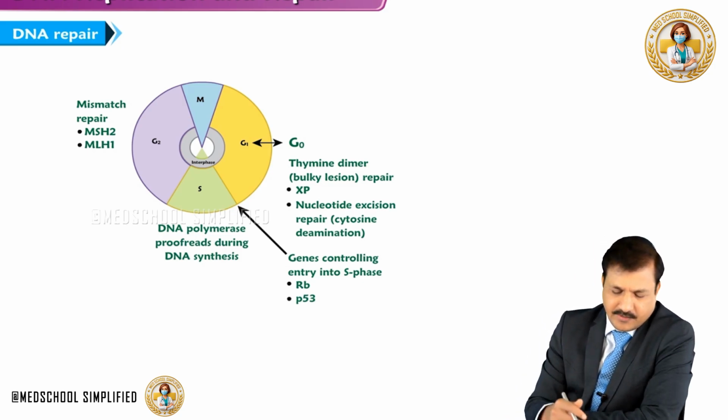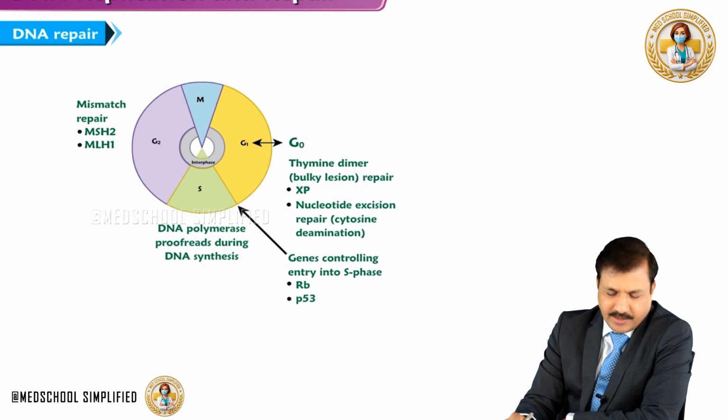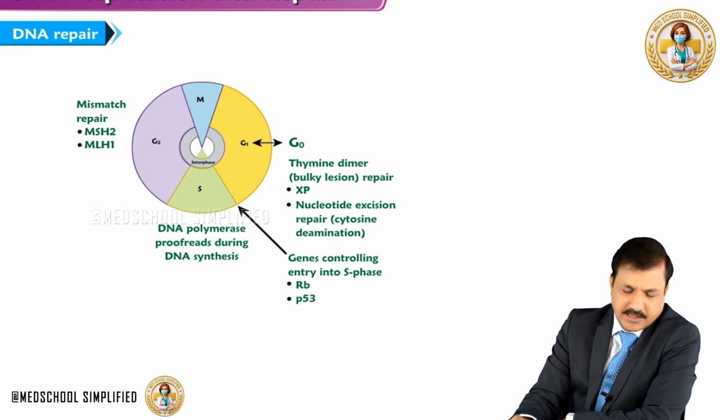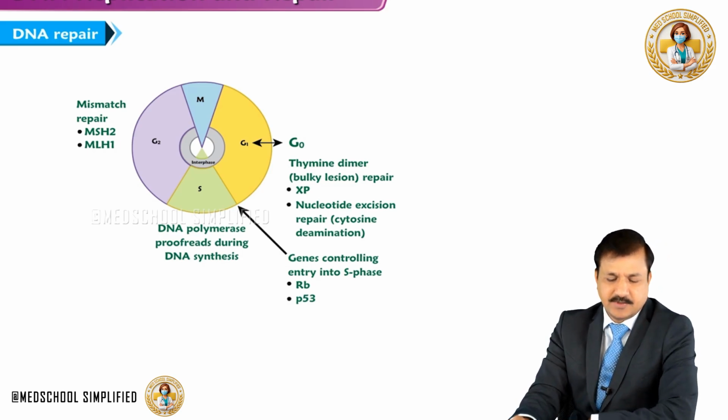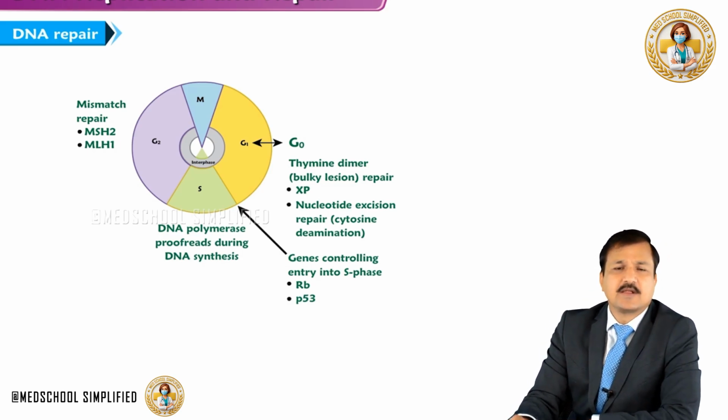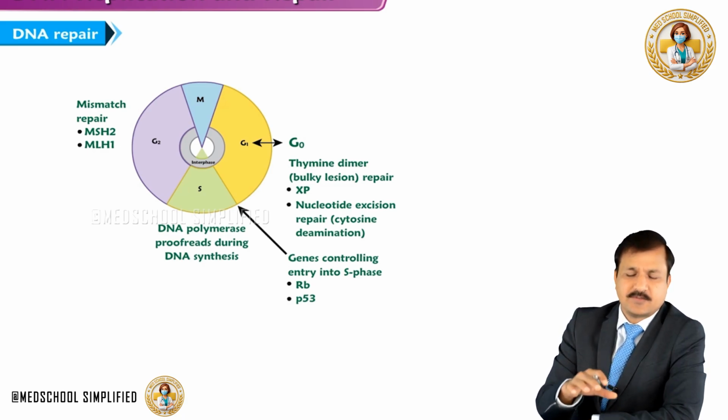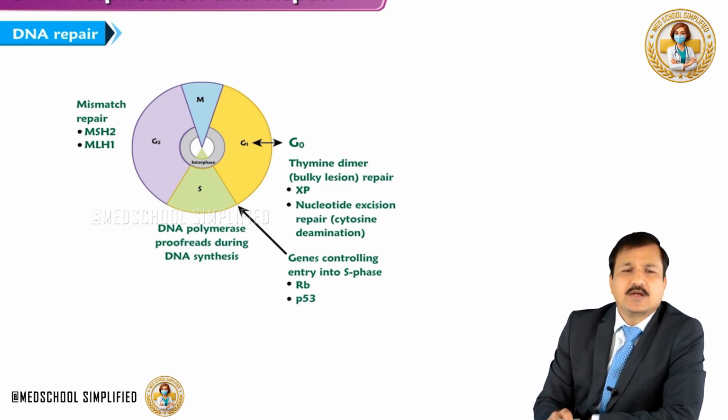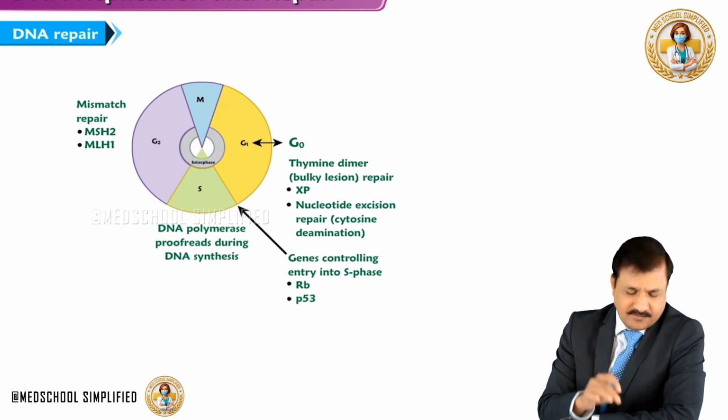And then we have DNA polymerase proofreading during DNA synthesis in the S phase, and then the mismatch repair mechanism in the G2 phase. So these summarize the cell cycle and the repair mechanism going on in each phase of the cell cycle.